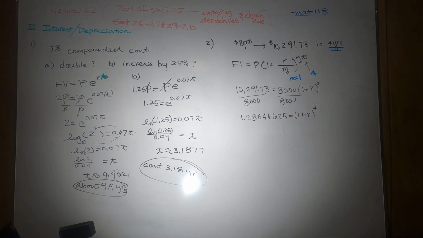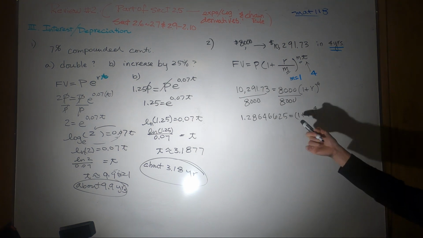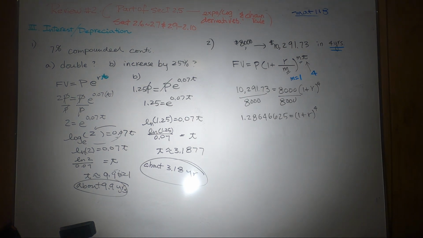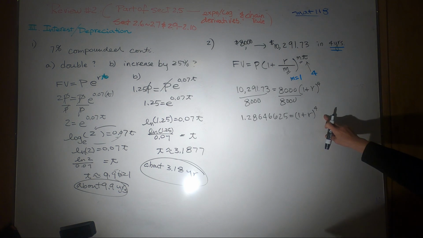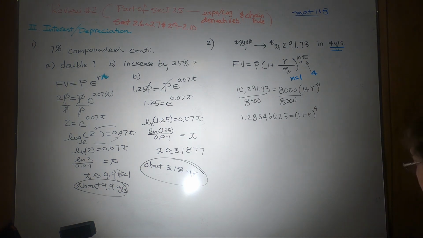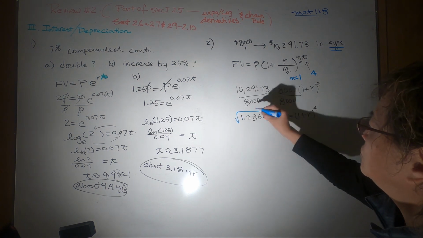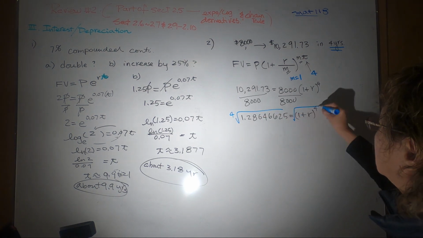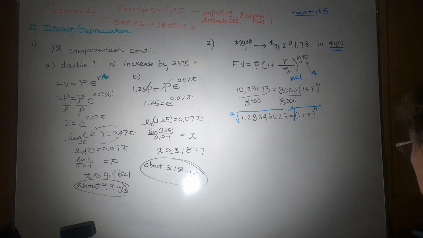Then how are you going to solve this? You need to know how to solve the equations, right? That's why we reviewed in the first week. So it's the 4th power. What do you do? You will take 4th roots, right? So this cancels out.